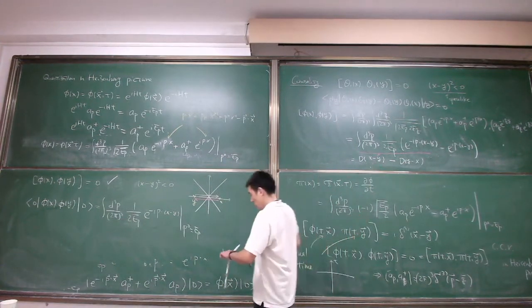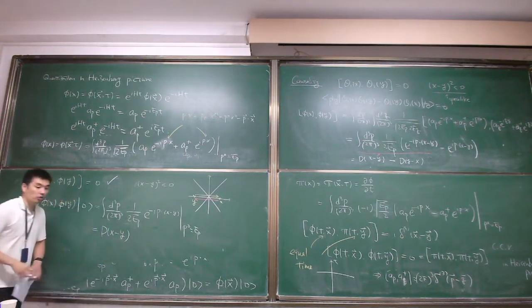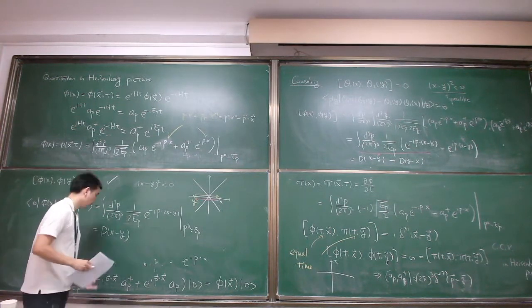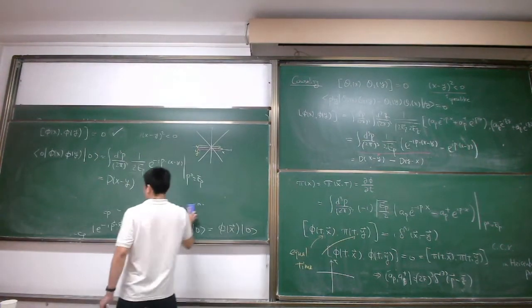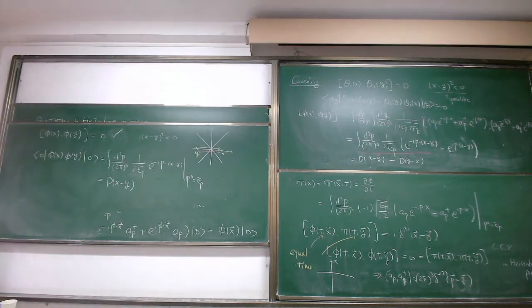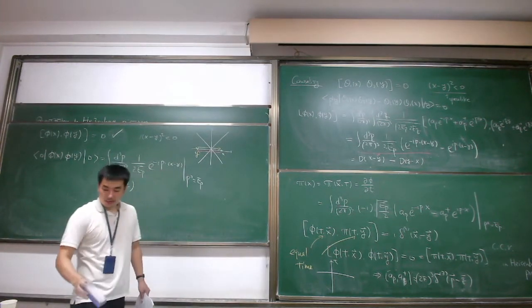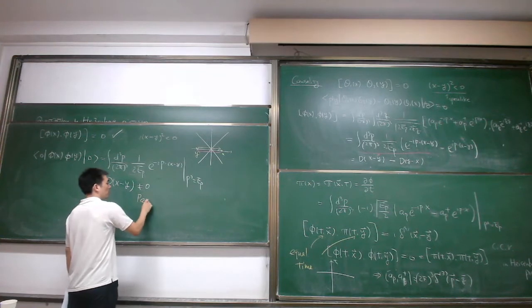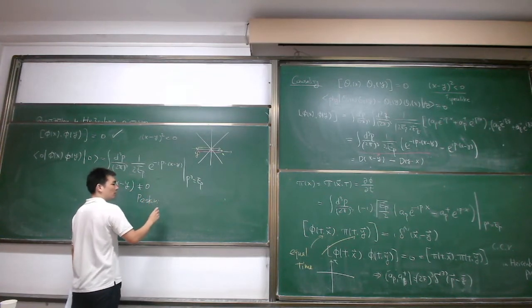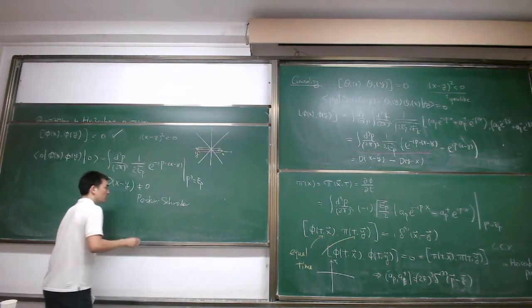This is the D(x minus y) correlation function, and this is indeed non-zero. You can look at Peskin and Schroeder's derivation; I'm not going to derive it, and I forgot the page number.